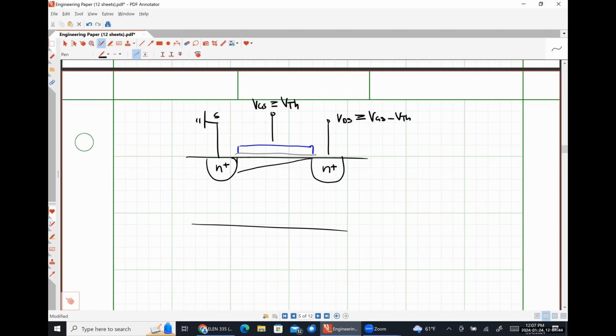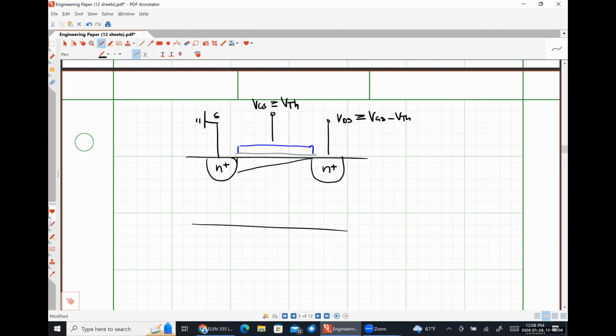So we have that linear relationship that we saw earlier when VDS was less than VGS minus VTH, but the channel becomes pinched off. So effectively, the depth of the channel is 0 on the drain side.